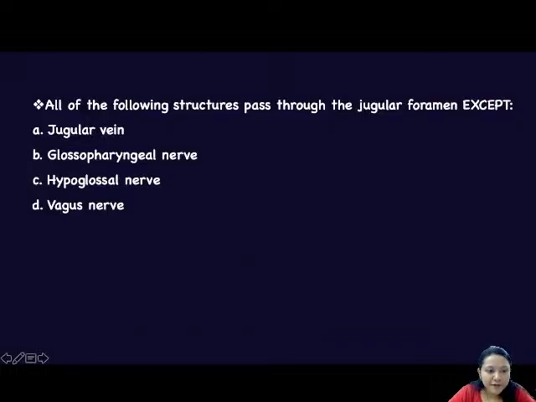Now somebody should attempt this question, very easy. Which of the following structures pass through the jugular foramen except: the jugular vein, the glossopharyngeal nerve, the hypoglossal nerve and the vagus nerve. Come on fast, somebody should answer this.